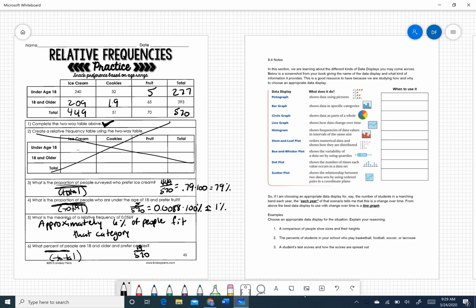When we divide that, we get approximately 0.033 repeating, and when we multiply that by 100, we get approximately 3% of people who are 18 and older and prefer cookies. So this is just how we answer questions based on our relative frequencies. And again, relative frequencies are just our percents.